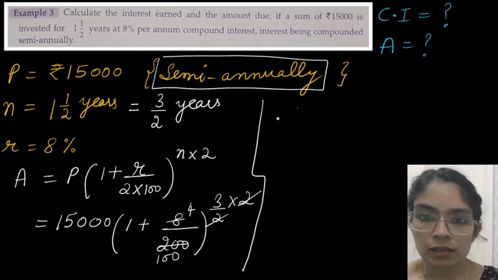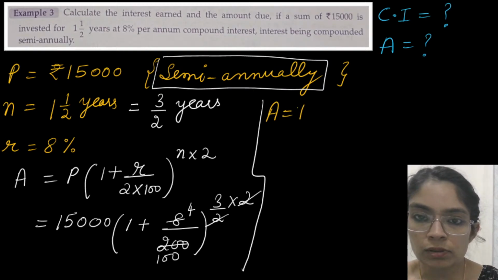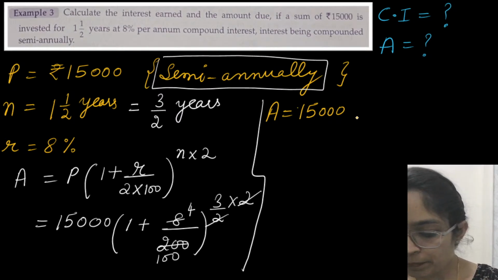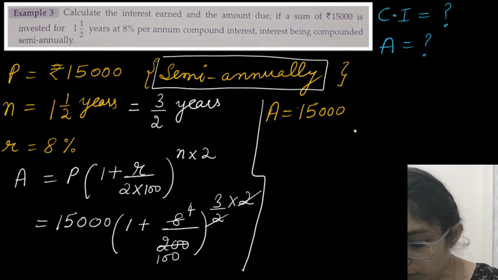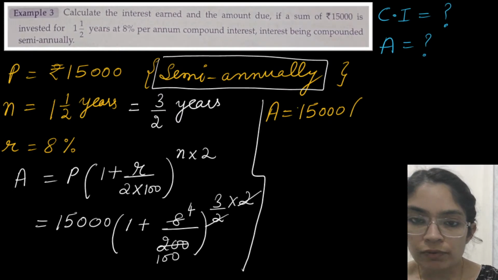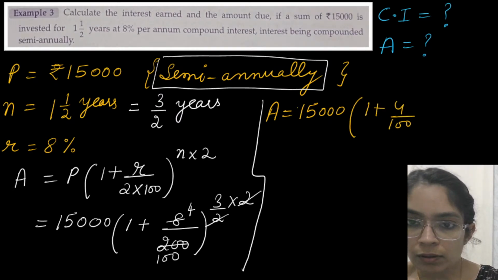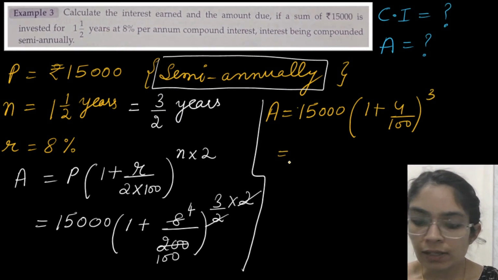I'll just write: A is equal to 15,000 into 1 plus 4 by 100, power 3. Now let's simplify this.